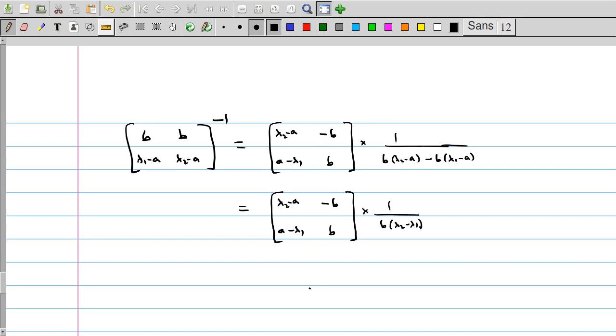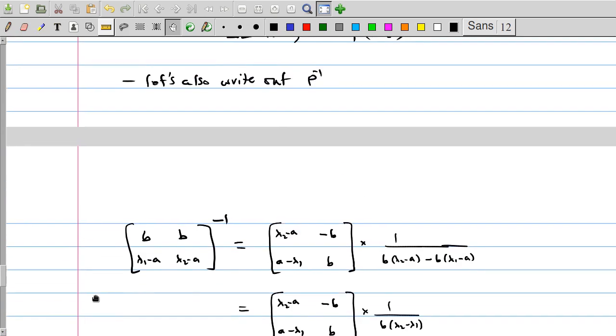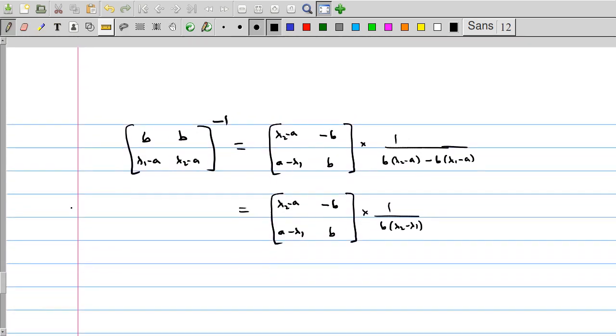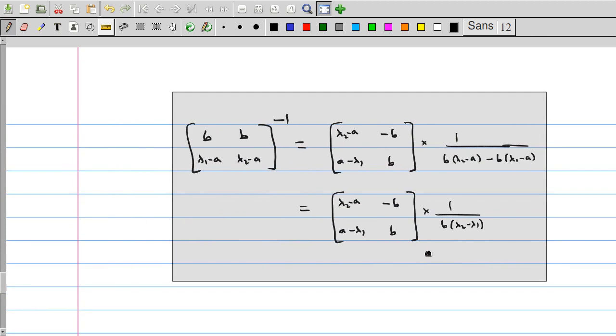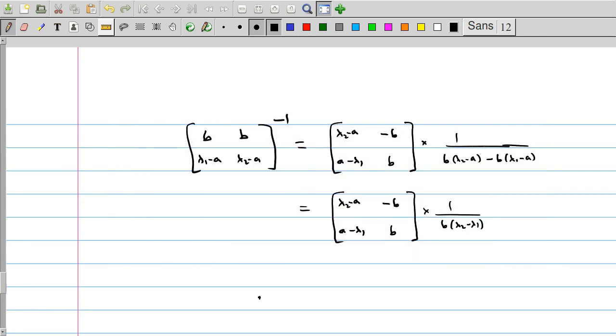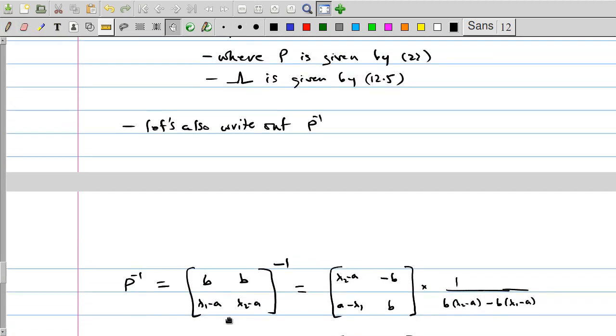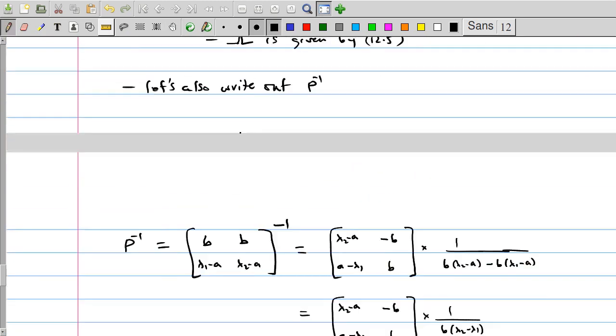Yep. Correct? Yeah, that's what I got. Does it exactly match? Yes. Okay, good. So P inverse equals that, and we can give it a number, 23.